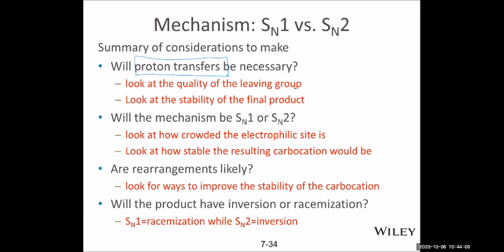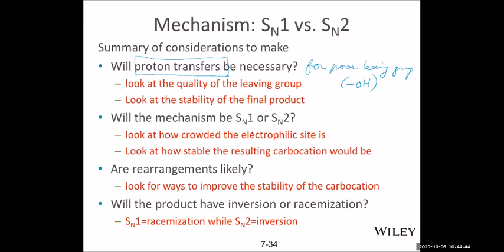So when you have a poor leaving group, basically the OH group, especially when the conditions mention acid, that was the first thing you would think about, because the acid is abundant in the solution. There's always an equilibrium between the alcohol and the protonated alcohol, and when there's abundant acid, it will push the equilibrium to the protonated alcohol.